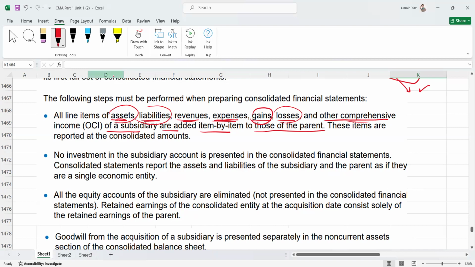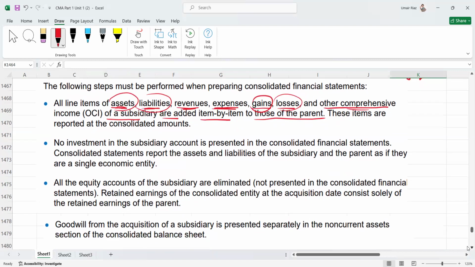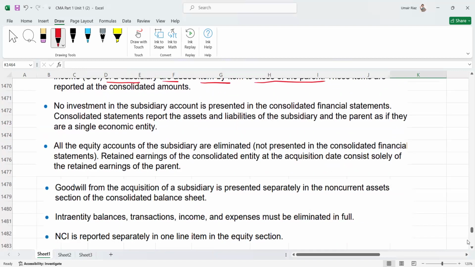But make sure, guys, when we are adding these things, we do not record intercompany transactions. The note here is about intra-entity balances, on which we will spend one full lecture. Intra-entity balances, transactions, income, and expenses must be eliminated in full.